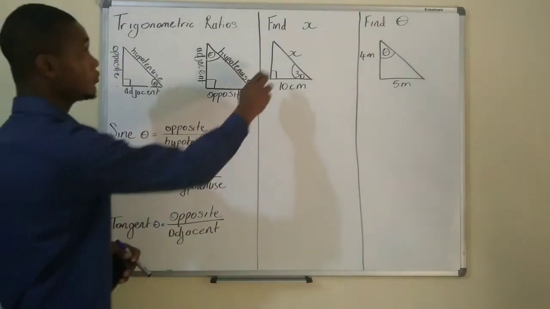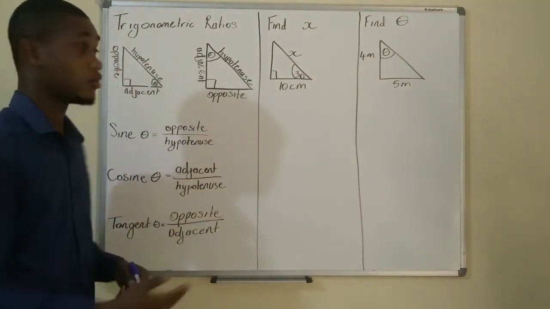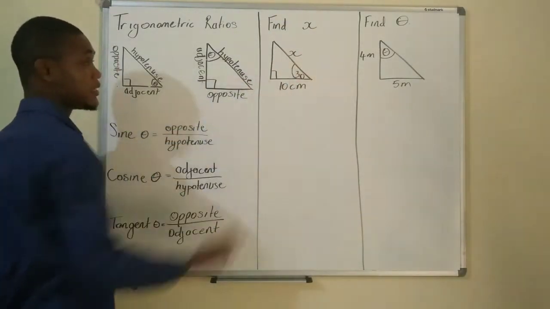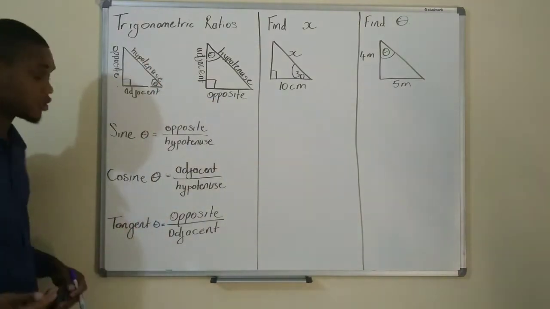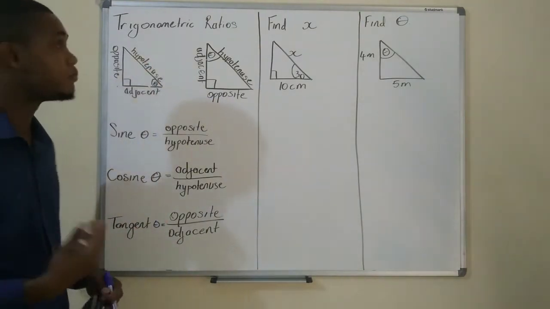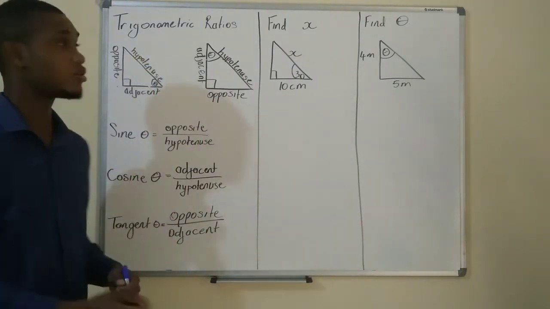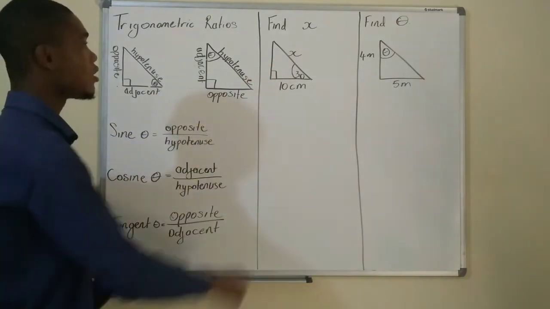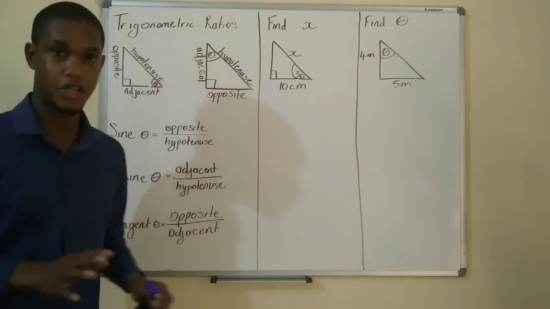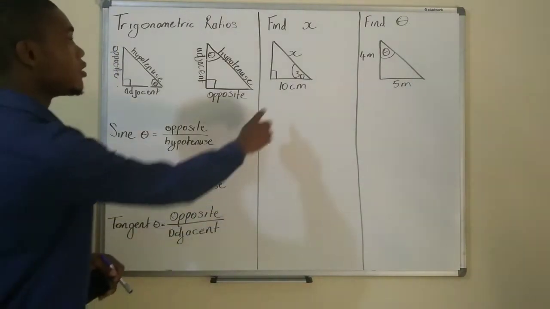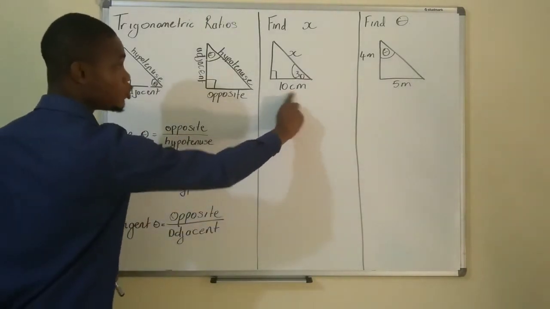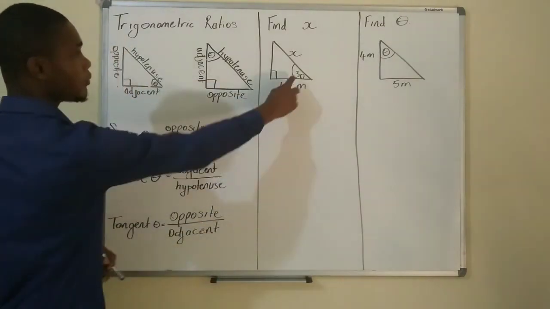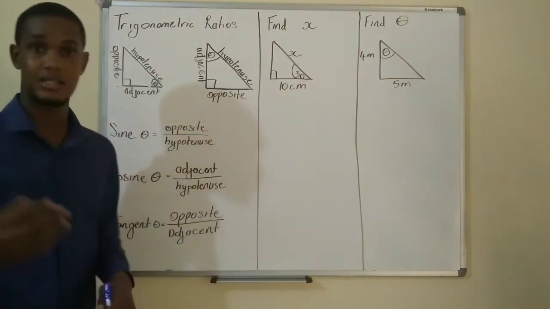When you're trying to solve a triangle to find a missing side using trig ratios, the first thing you need to do is look at the triangle and see what you have. You have your angle, so you know you're not trying to find an angle. The next side that you know, because it's touching the angle, is the adjacent.